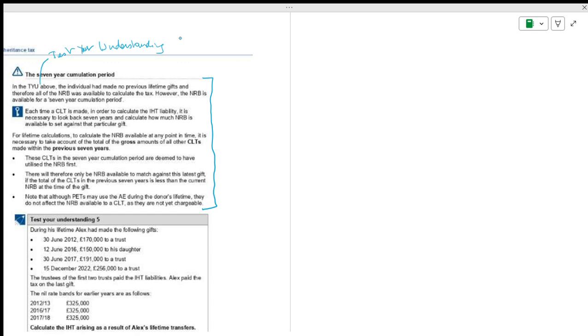There will therefore only be the remaining nil rate band available to match against this latest gift. If the total of CLTs in the previous 7 years is less than the current nil rate band at the time of the gift, note that although PETs may use the annual exemption during the donor's lifetime, they do not affect the nil rate band available to CLTs. They are not yet chargeable.